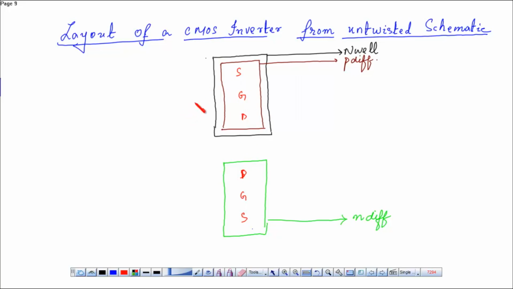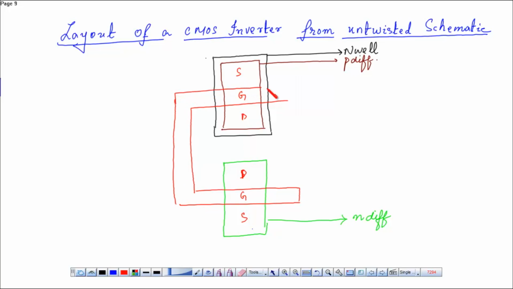Connect the gate terminal. Okay, this is poly. Now the source of the PMOS, as we know, this is the PMOS. You can write here, this is the PMOS and this is the NMOS.